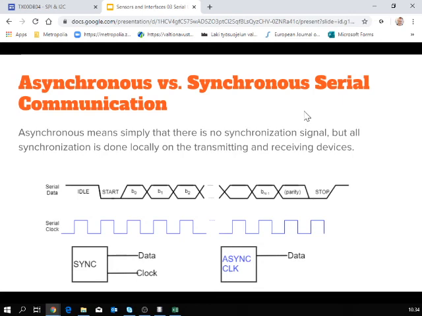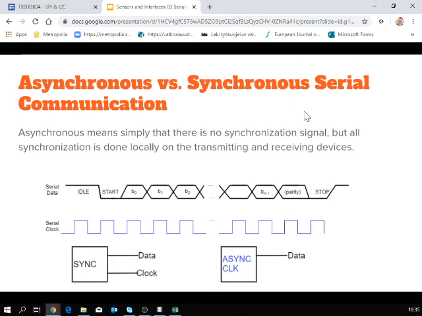So, about serial communication overall. Serial communication can actually be divided into two categories. One is asynchronous, where you basically have only the data line, which means the synchronization is done locally, so both the sending and receiving device should know exactly what the clock rate on the data transfer is.